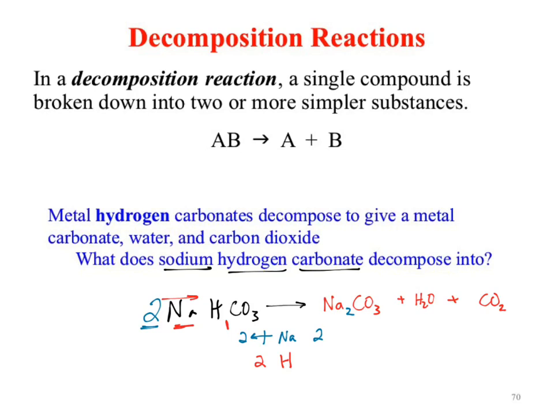How many hydrogens on the right? Just 2. Oxygens, it is good. Oxygens on the left, there's 3, but the 2 applies backwards. I get 6. Oxygens on the right, I get 3 plus 1 plus 2, and I get a total of 6. Did the oxygens balance? Yes.